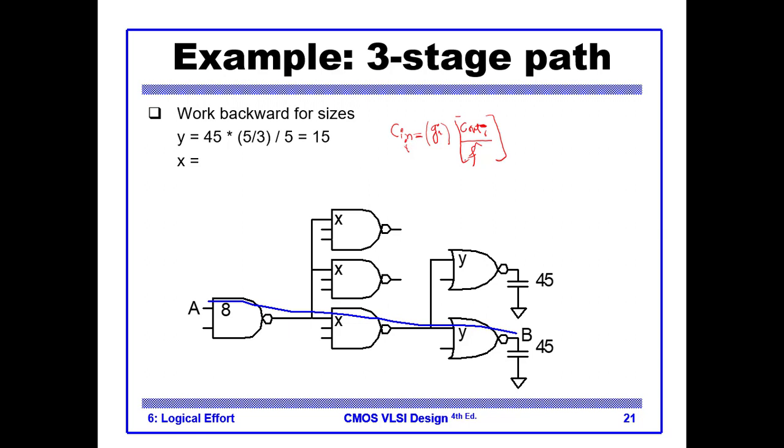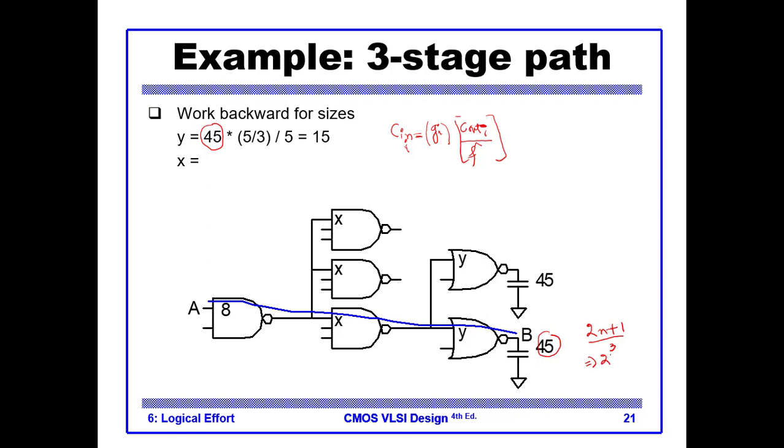So C out is 45, from here, and Gi for a 2 input NOR gate is 2n plus 1 divided by 3. I think this was the formula.